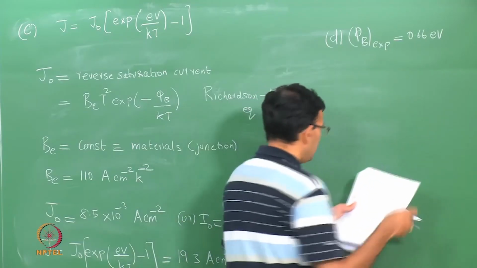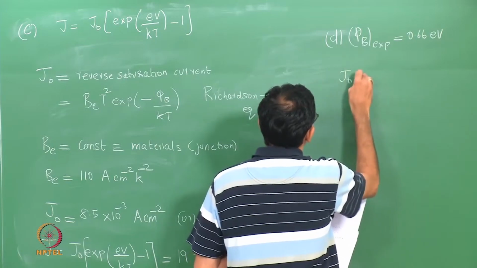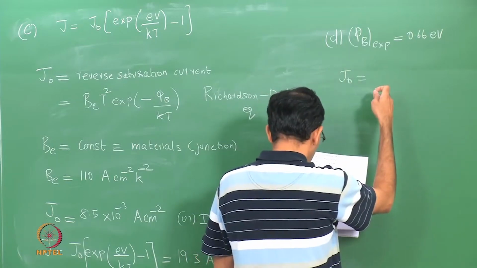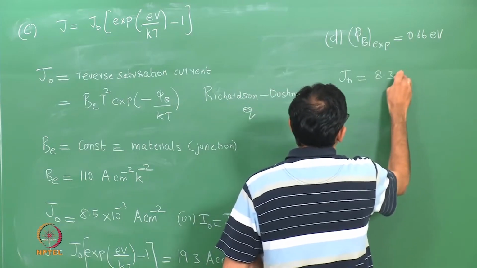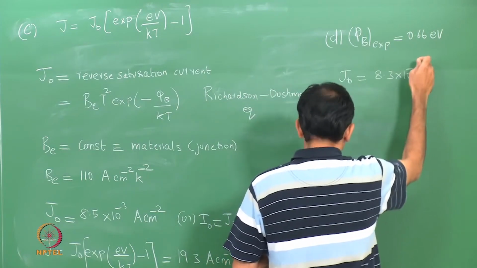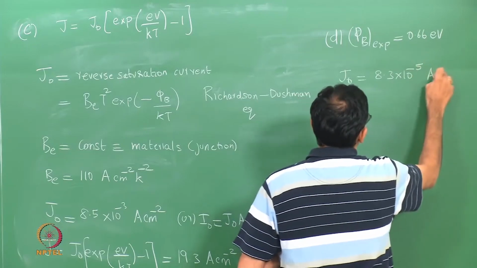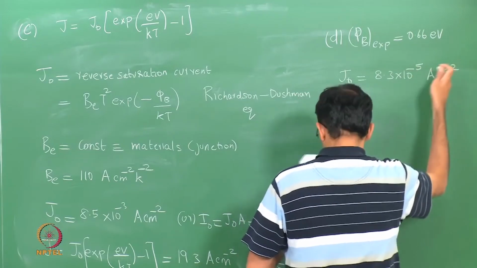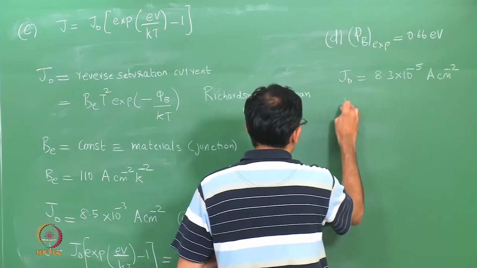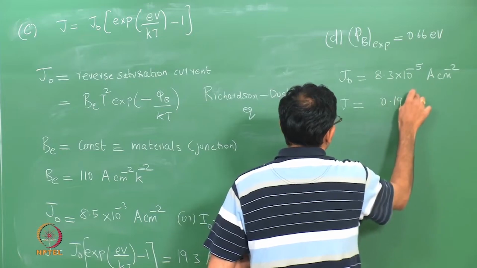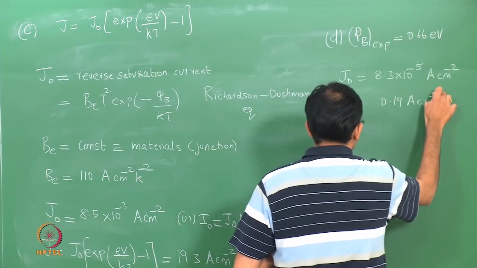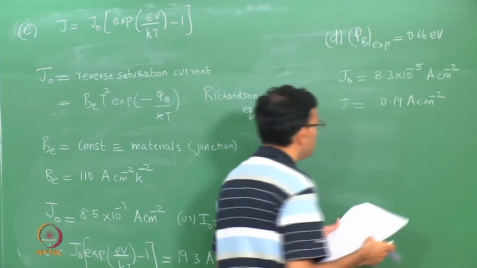So, in this particular case J naught comes out to be 8.3 times 10 to the minus 5 ampere per centimeter square, and current J is 0.19 ampere per centimeter square.